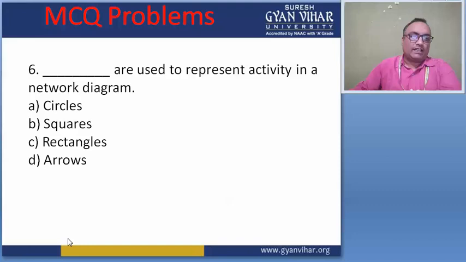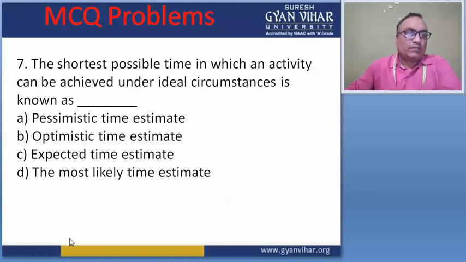Then move to question number 7. The shortest possible time in which an activity can be achieved under ideal circumstances is known as which time estimate? Pessimistic, optimistic, expected, or most likely time estimate?